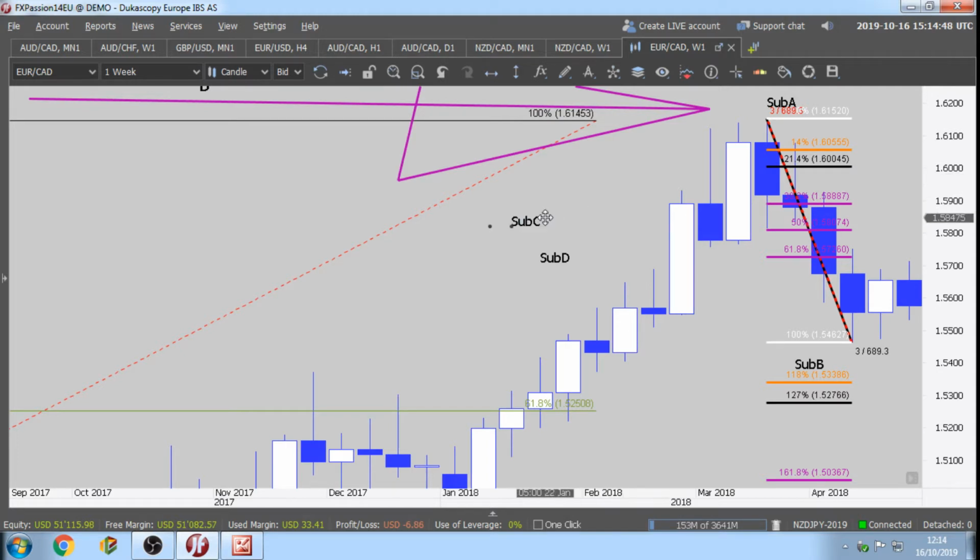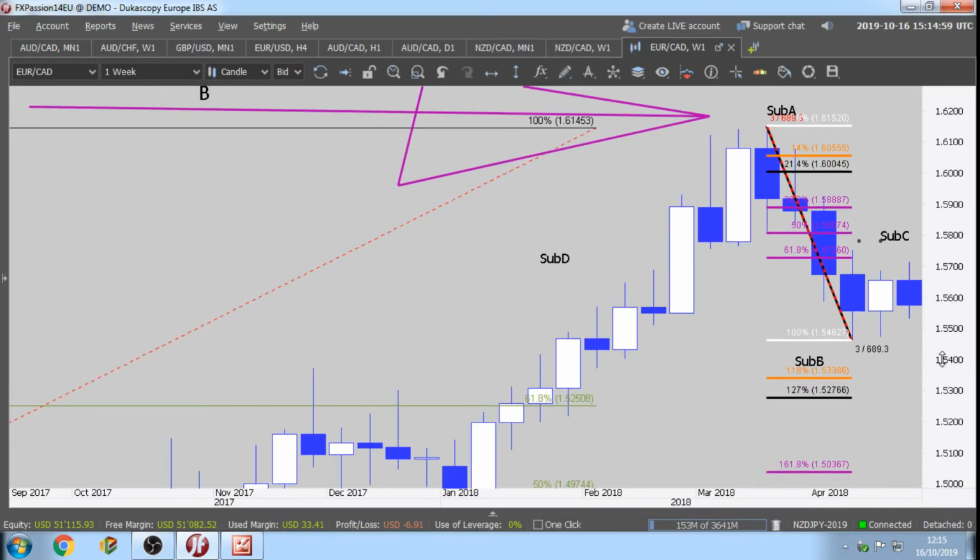What is the sub C? The sub C is going to be the highest point inside the sub A sub B boundary after the B before the market hits the appropriate D extension. Agreed? So for the time being, this is my sub C, the blue candle.